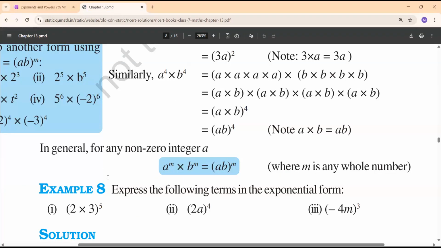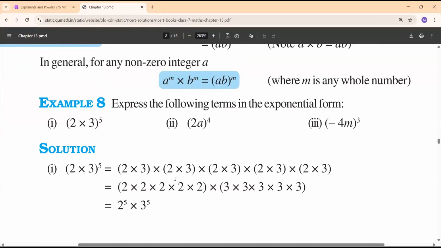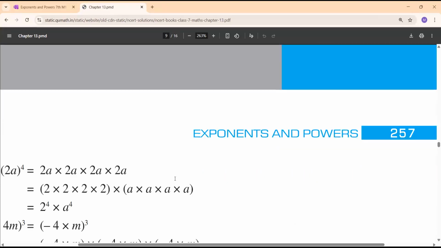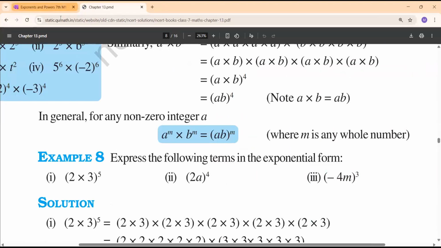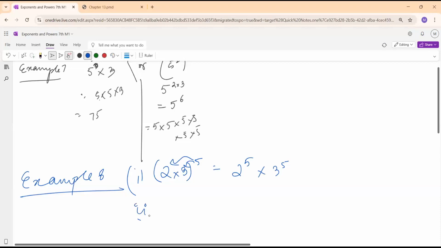So now what can we write here? I have already left it here. The second one, (2a) raised to the power 4. This means 2 raised to the power 4 into a raised to the power 4. Very simple. This 4 would also go on 2, this 4 would also go on a.